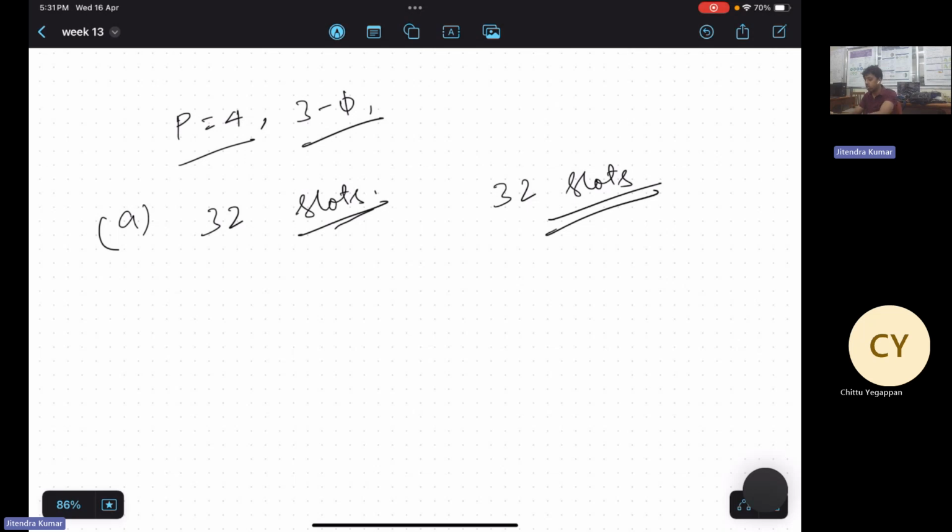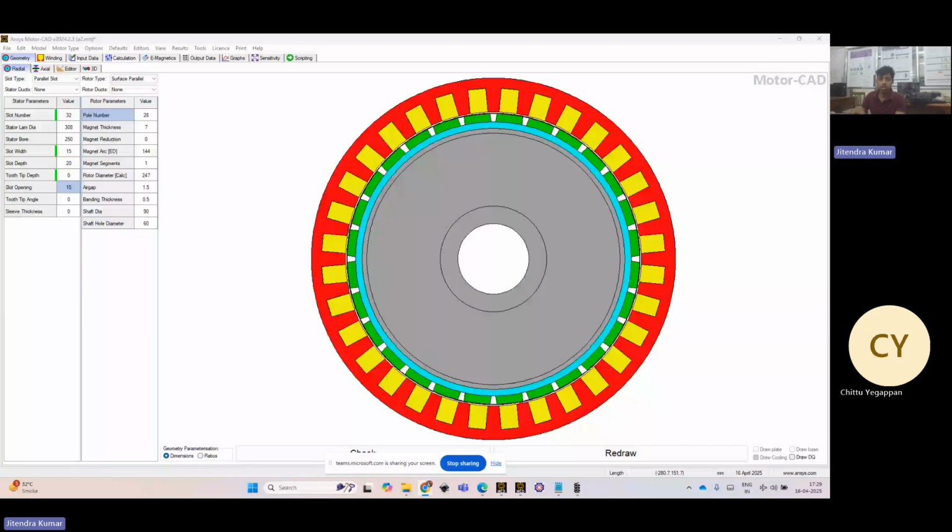So Chittu, are you able to see my software screen?